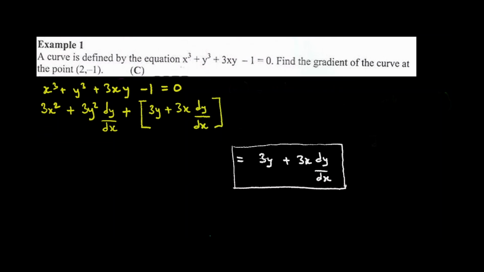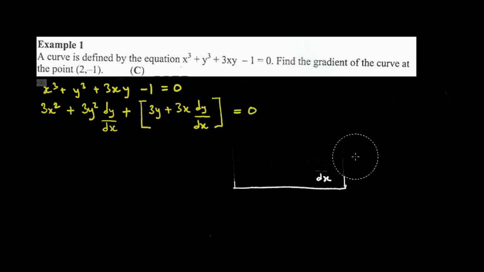Of course, you should show all your working. Remember, the working you did to get 3y plus 3x dy/dx, you should show it on your answer paper. You can consider saying the derivative of 3xy, you apply the product rule, then take your answer and put it in there. And of course the derivative of a constant, minus 1, is 0. This should be equal to 0. So since we have used this, let me remove it.